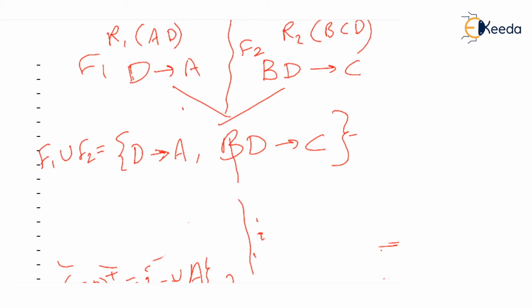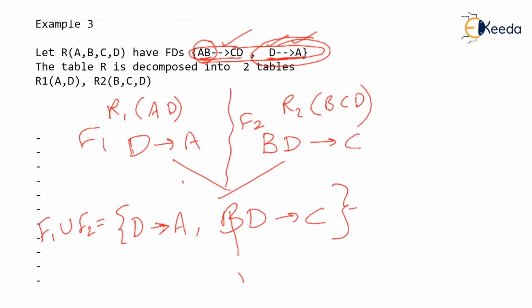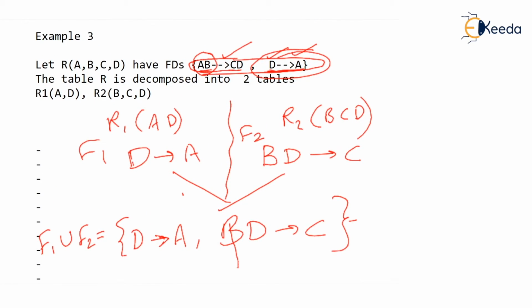In the original table, the dependency given where D determines A, the second one, is very much available over here. But what about AB determines CD? This was the dependency in the original table. Is it derived by F1 union F2? Although it is not directly available, it may be there.